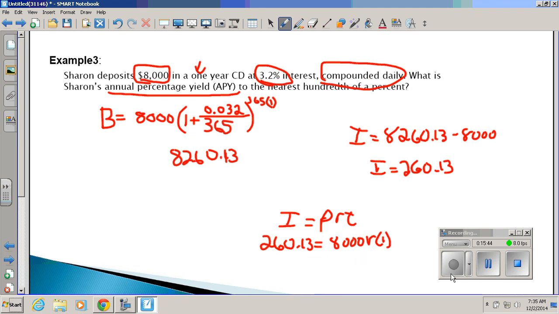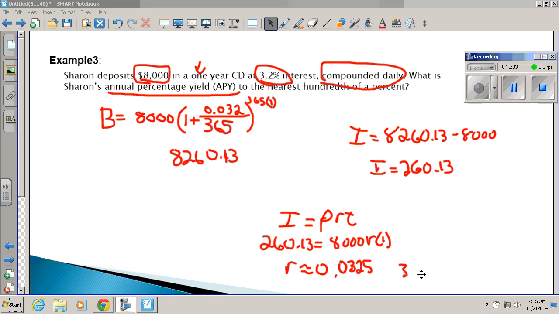When you do this math to solve for R, you get R is approximately 0.0325, or that is 3.25%. So that's her annual percent yield.